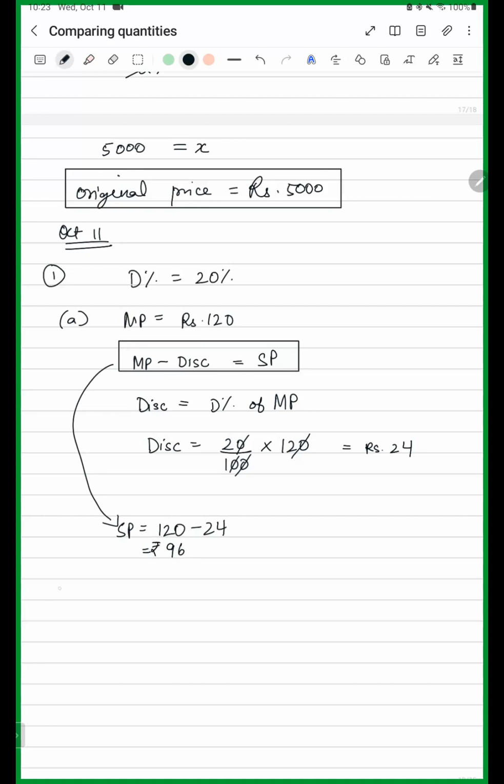Similarly, the B part also you can do, and similarly the C part also you can do. The C part I can do, but the B part, it is a pair. When you go and buy shoes, do you buy the entire pair of shoes or do you buy just one shoe? You always buy a pair of shoes, na?